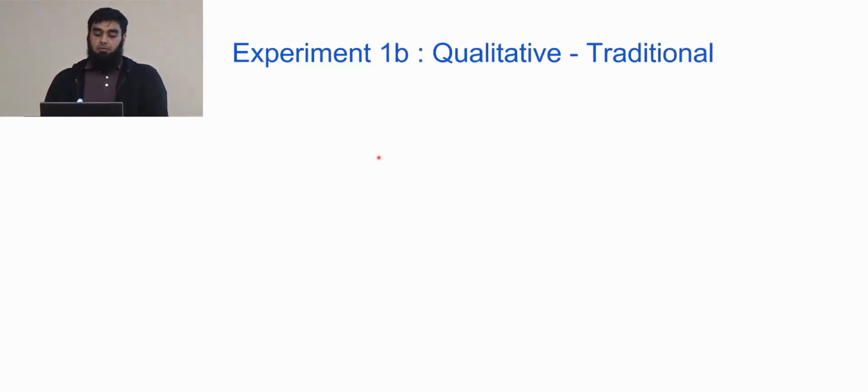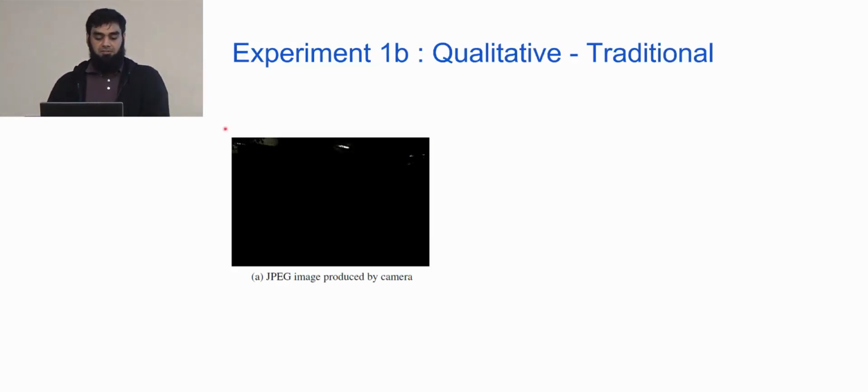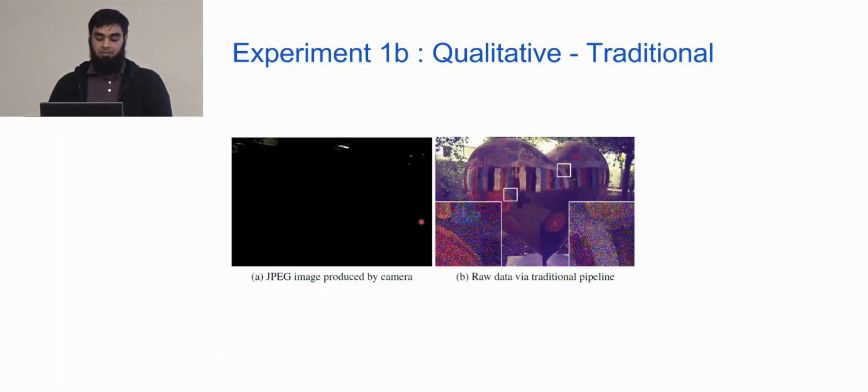So the qualitative comparison for the traditional pipeline was this. We start with an image that's produced by the camera. A clarification that's required here is this image is not actually used during the pipeline. It's just for our sake to demonstrate the results. Both of these pipelines end up using raw sensor data.